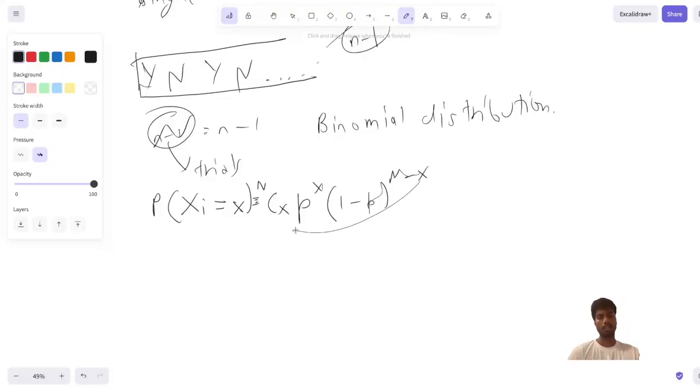Now here, N being the number of trials, p being the probability of success. What is the probability of success? It is simply the yes: did it collide? Did this other key collide with A's hashed indices?